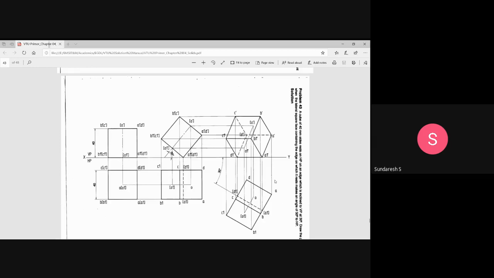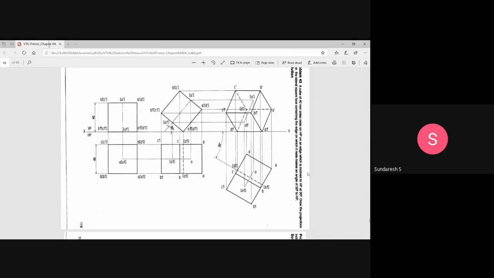In the third position, what is the condition that needs to be satisfied? See, a cube resting on one of its edges, which is inclined to VP at 30 degrees. The resting edge in this case is A1 and D1. So that edge has to be inclined to VP at 30 degrees.